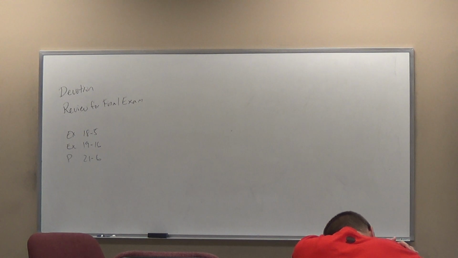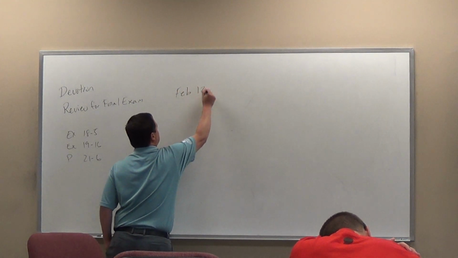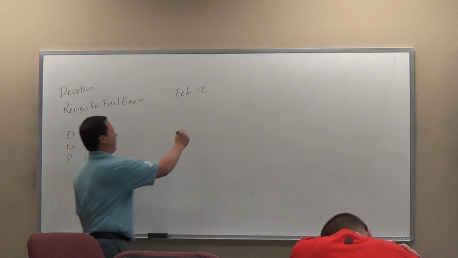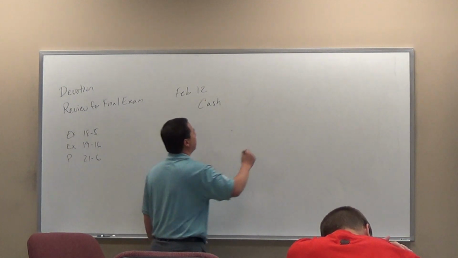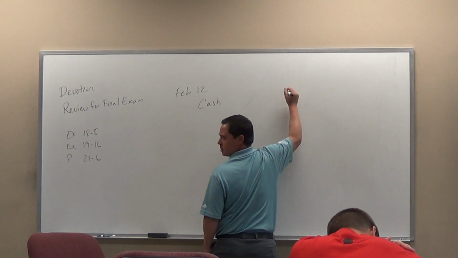This is similar to one that we've done in the past. So February 12th was a journal entry that we would have to put in there. Cash: it's 18 million, which is 9 times 2.